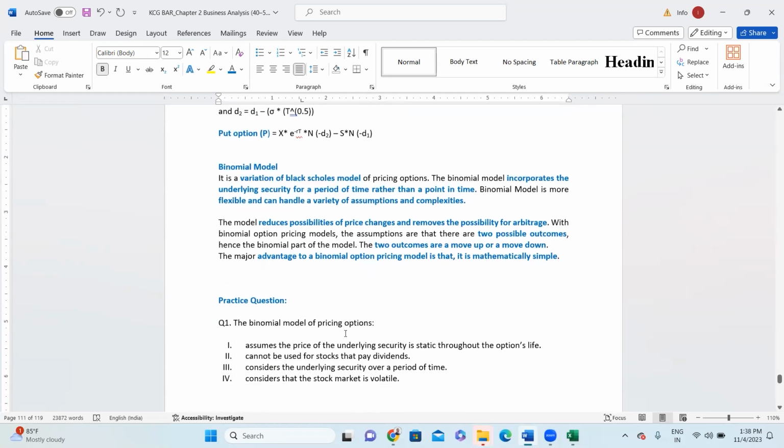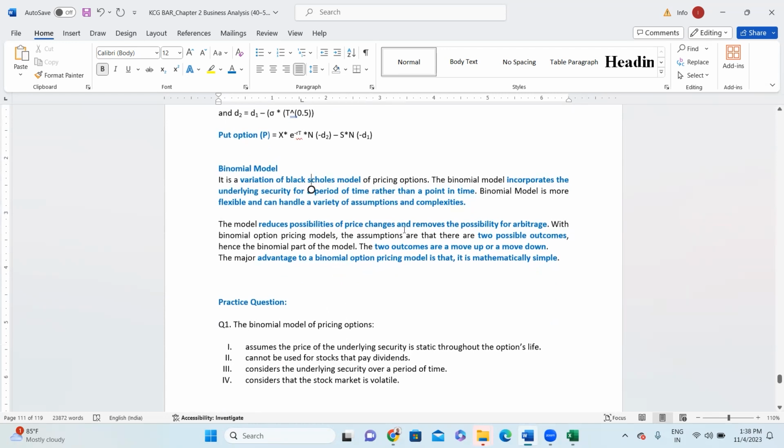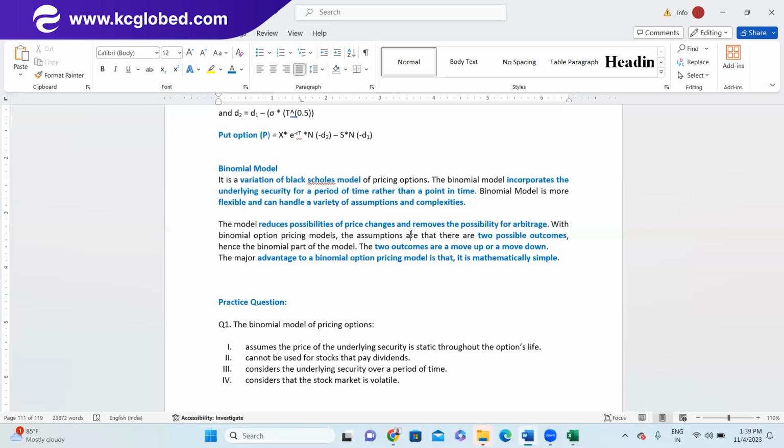The model reduces the possibility of price change and removes the possibility of arbitrage. With the binomial option price model, the assumption is that there are two possible outcomes, hence the binomial part of the model, right? The two outcomes are move either up or move down, right? The major advantage of the binomial option pricing model is that it is mathematically simple.